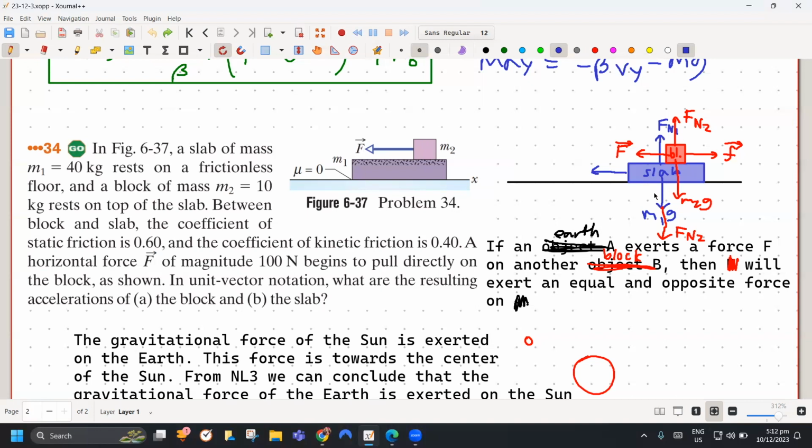Yun lang yung force na mararanasan ng M1 sa left-right. Yung up-down, merong gravitational force, M1G. Tapos merong normal force from the floor, Fn floor.